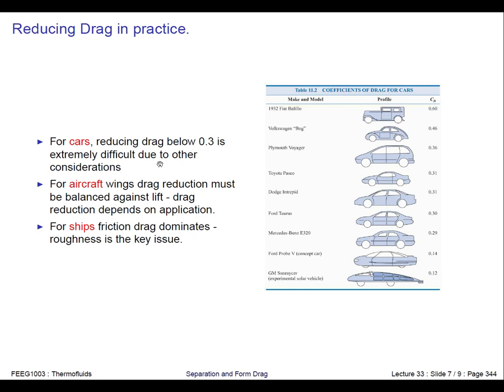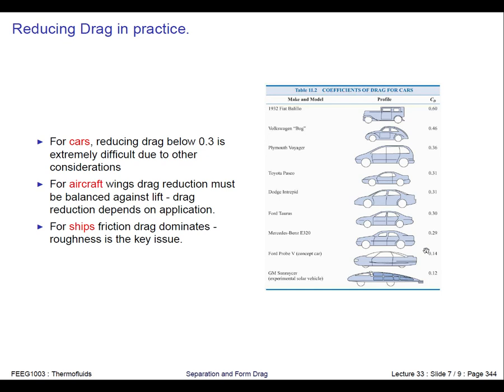So for cars, when we started off building cars, we didn't really care about anything really, and so they were little boxes. From a drag characteristic, they were terrible, and they started getting down to around about 0.3. So you'll notice that these ones are 0.3, 0.31, 0.3, 0.20. And we get down to about 0.27, 0.29 these days.